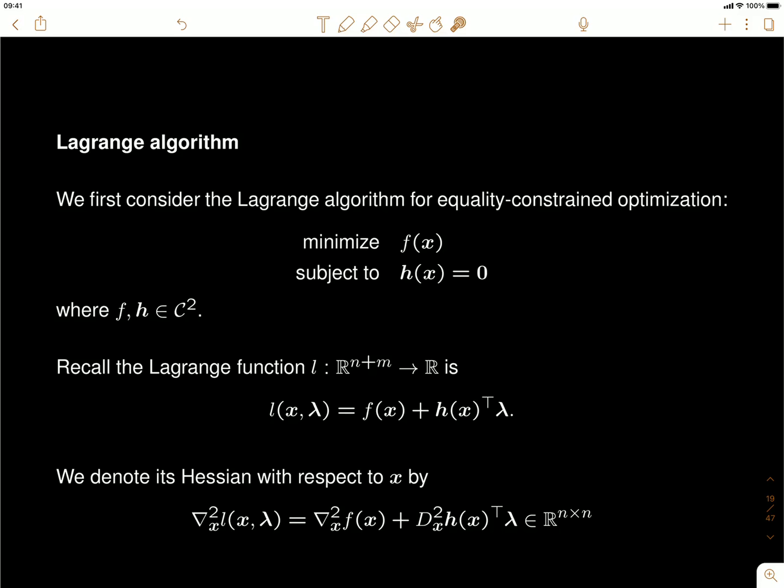Now let's assume that f and h are both twice continuously differentiable, meaning that the second order Hessian for f and the second order derivative for h are all continuous.